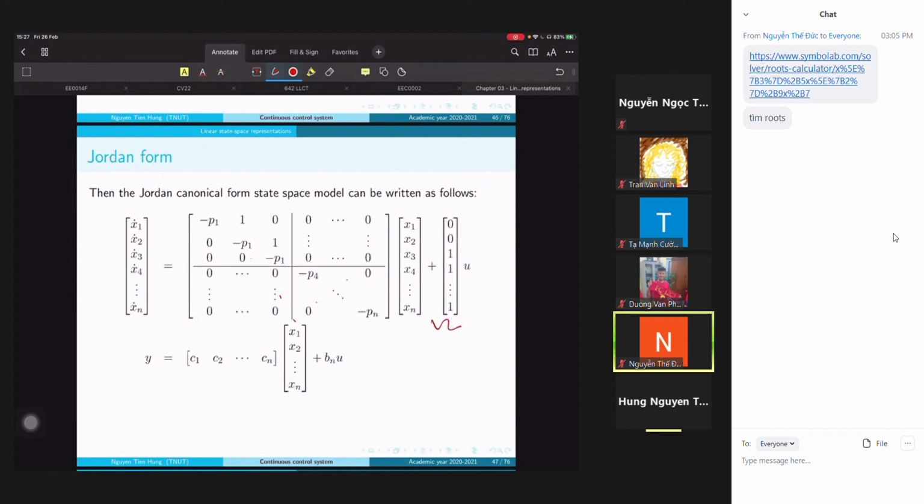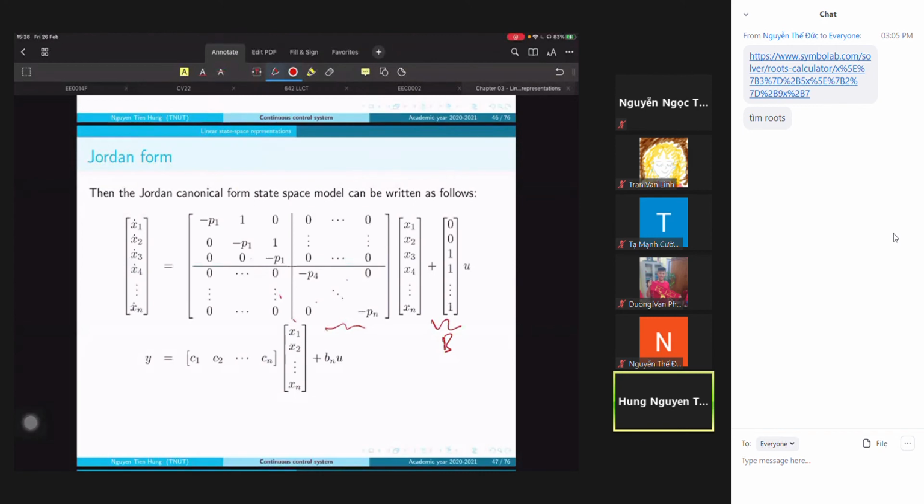Okay, so this is the matrix. This is A and this is B. This B matrix could be 0 here. Maybe I have to check this again because it could be 0 or 1, depending on how many x we have here.